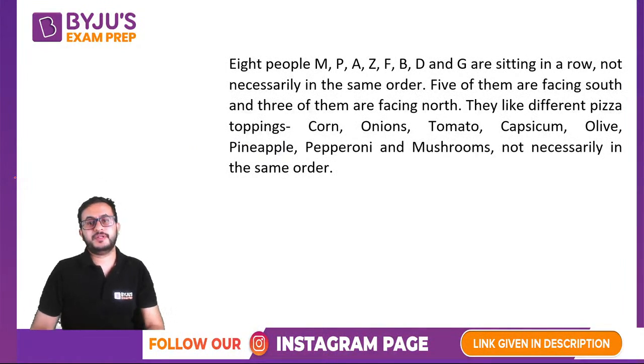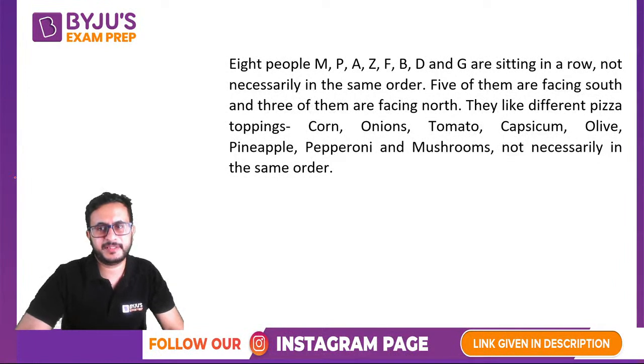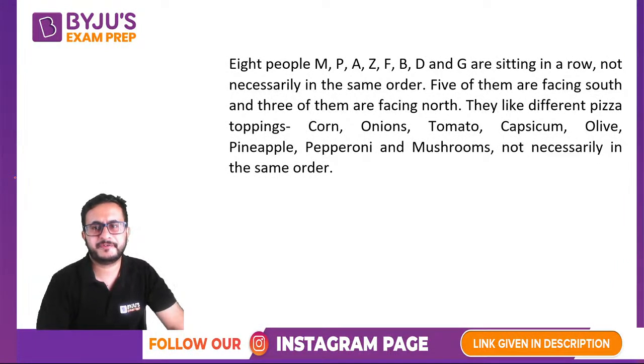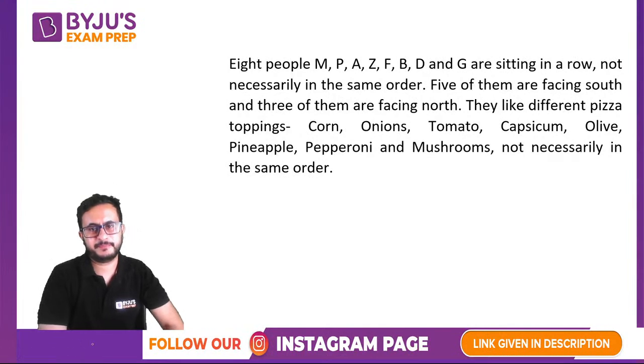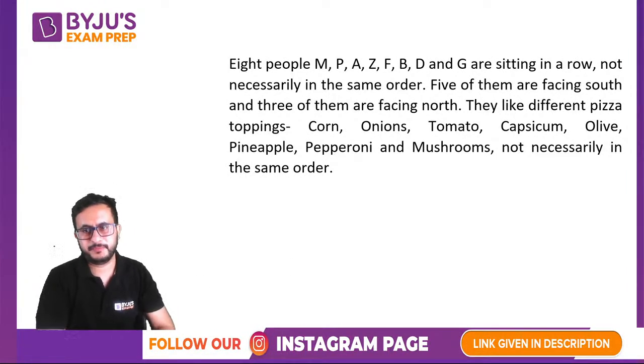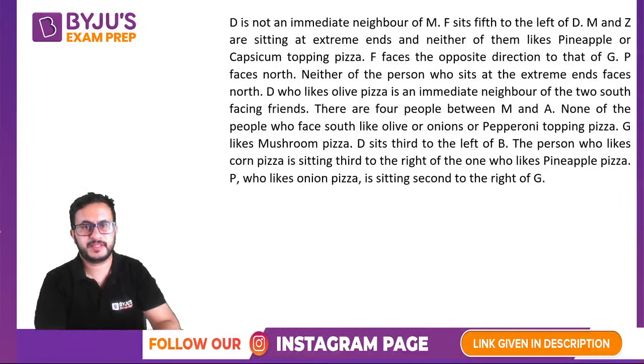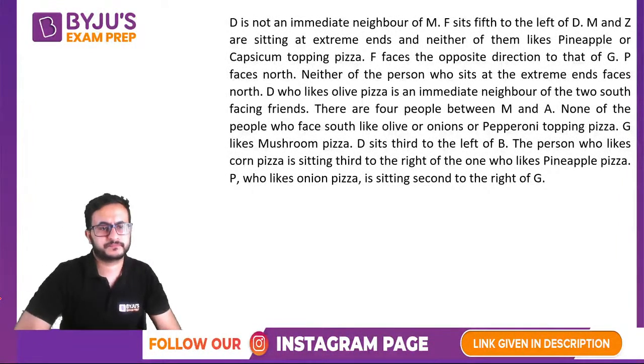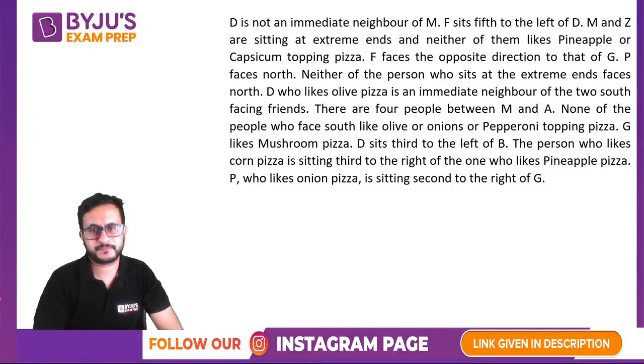All right, so now let's do the next set. It says that there are 8 people sitting in a row, and 5 of them are facing south, 3 are facing north, and they like different pizza toppings: corn, onions, tomato, capsicum, olive, pineapple, pepperoni, and mushrooms. Then these are the conditions given to us. Most of these would be written here.